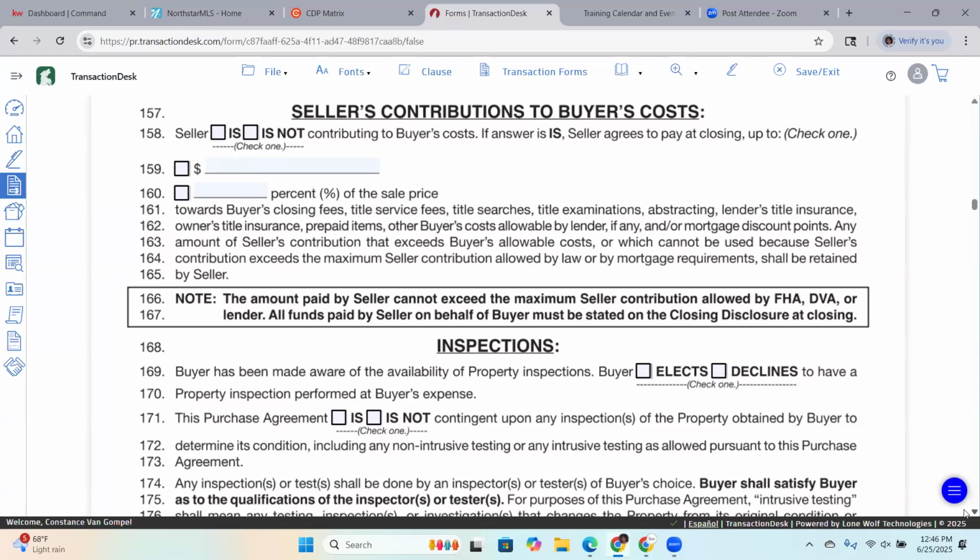If they are not going to ask for it, it is not. If you're in the is, it's either a dollar amount or a percentage that they're going to pay. In the past, we've seen a 1 to 3% put in that box, not necessarily a dollar mark. Okay.